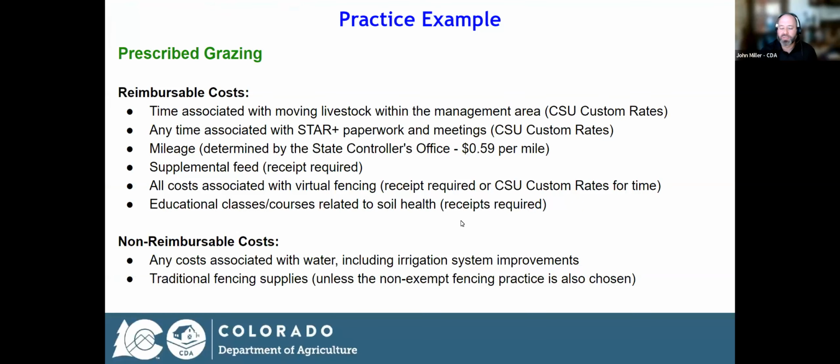So what would be the reimbursable costs in this prescribed grazing scenario? Time associated with moving livestock within the management area. Again, that's determined by CSU custom rates. Any time associated with STAR paperwork and meetings. Mileage determined by the state controller's office at 59 cents per mile. Supplemental feed.